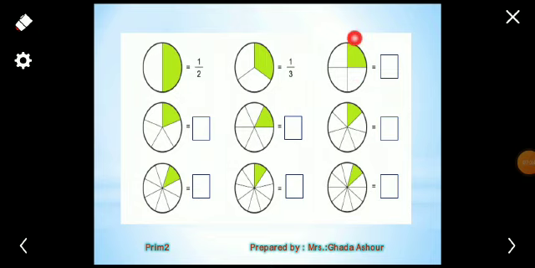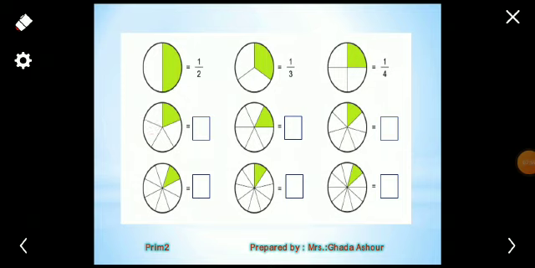Okay, what about that? That circle is divided into 4 equal parts. So the whole parts equal 4. So the down number will be 4. But the upper number is the colored part, which is 1. So it's 1 over 4. Okay, what about the next shape? That circle is divided into 5 equal parts.